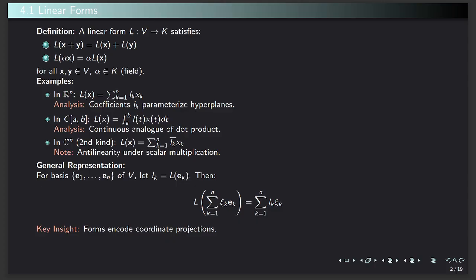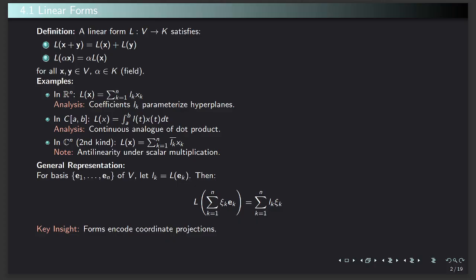In the n-dimensional real space, any linear form is equivalent to the dot product with a fixed vector L. Its coefficients can then be seen as parameters of the hyperplane, defining a specific measurement orientation. A way to think about this is a space of continuous functions, or an integral against a kernel function L of t that acts as a linear form.